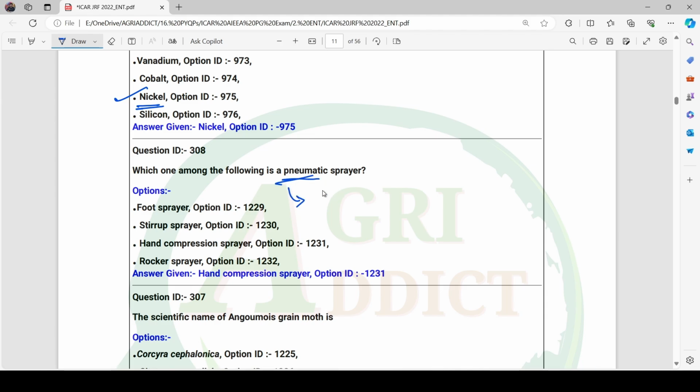Pneumatic sprayers mainly work by using compressed air. So only the hand compression sprayer here among the following is a pneumatic sprayer. So option C, that is hand compression sprayer, HCP, is the correct answer.